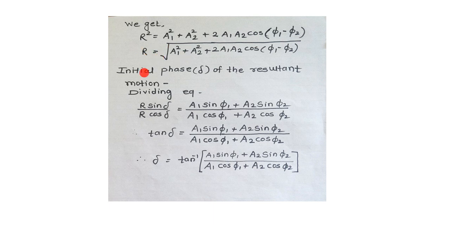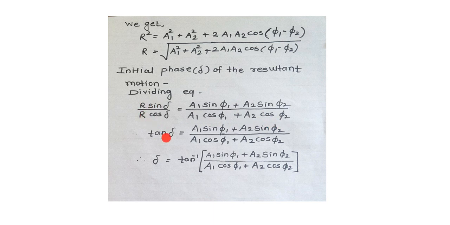Now we have to find the initial phase delta of the resultant motion. For this, divide the equations: r sin delta divided by r cos delta. r sin delta is a1 sin phi 1 plus a2 sin phi 2, divided by a1 cos phi 1 plus a2 cos phi 2. Here r gets cancelled.